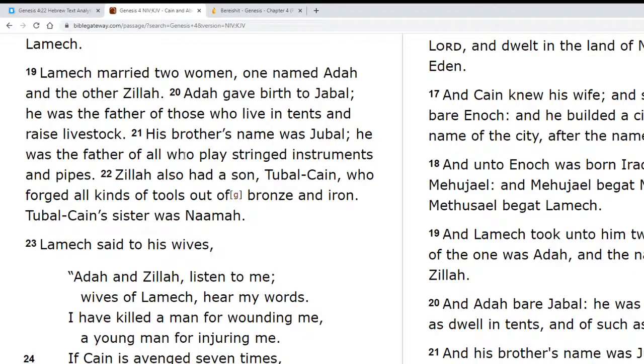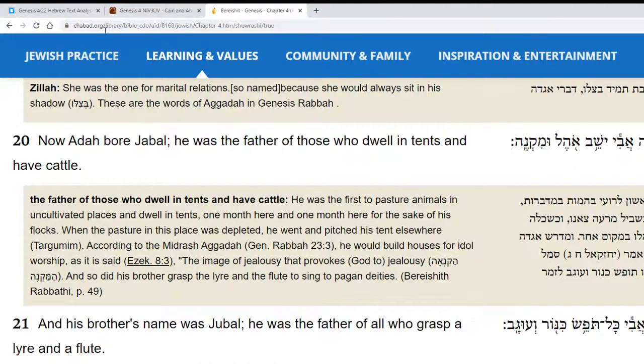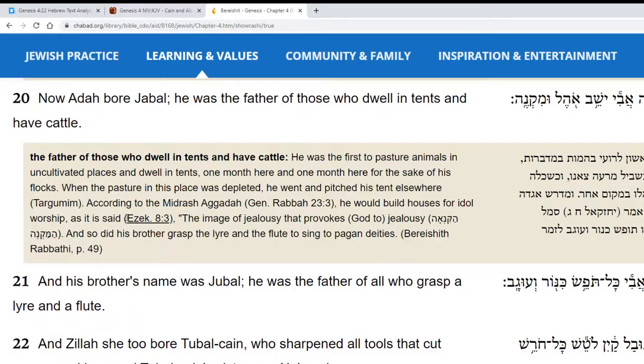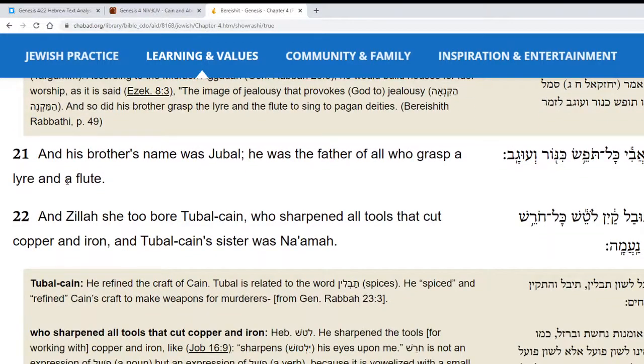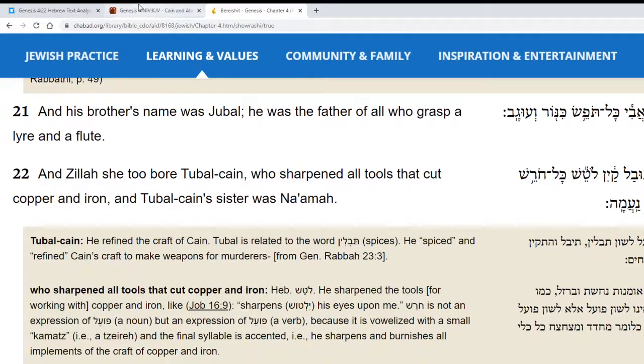He was the father of all who play stringed instruments and pipes. Let's see what Chabad says. And his brother's name was Yuval. He was the father of all who grasp a lyre and a flute. Lyre, right? Okay.